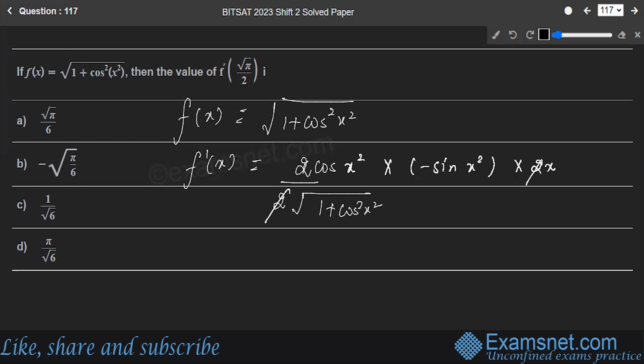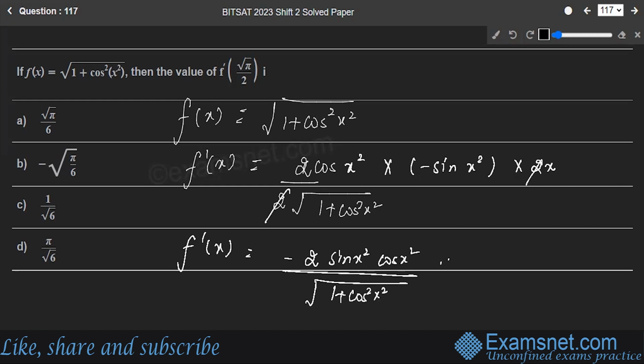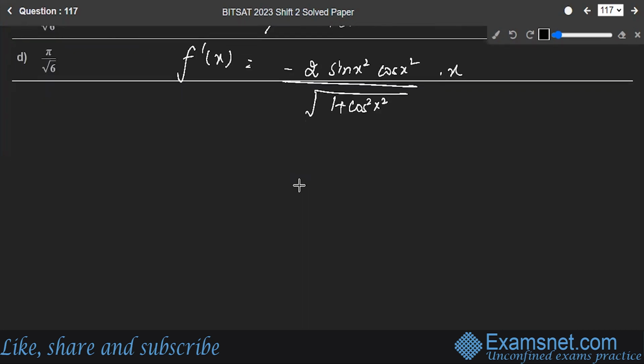This 2 and this 2 will cancel, and you will have f dash x equal to minus 2 sine x square cos x square upon root of 1 plus cos square x square into x. Or this is equal to, see, this is 2 sine A cos A, so this is equal to minus sine 2x square upon root of 1 plus cos square x square into x.